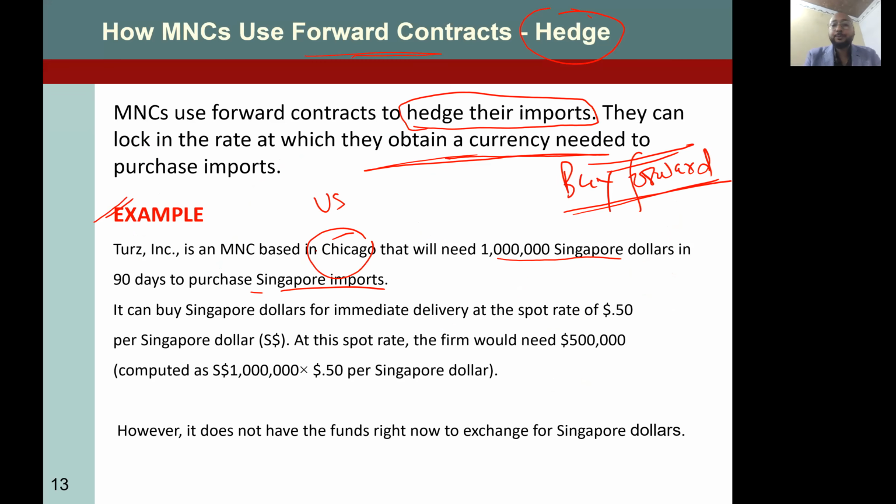So let's see that. It can buy, which means right now, at the spot rate, immediately. It can buy Singaporean dollars for immediate delivery at spot rate 0.5. If they need to buy right now, the right now rate is 1 Singaporean dollar is equal to 0.5 dollar.